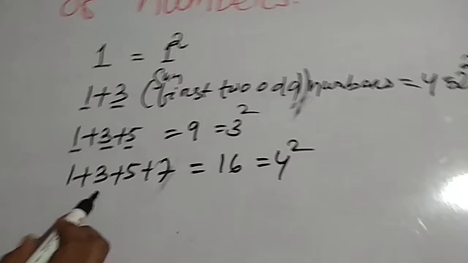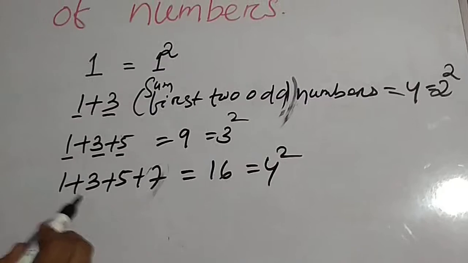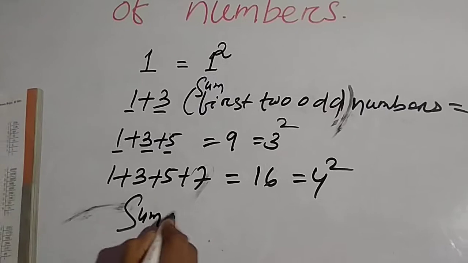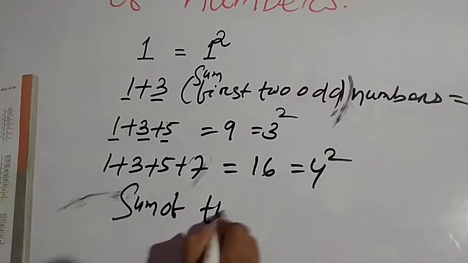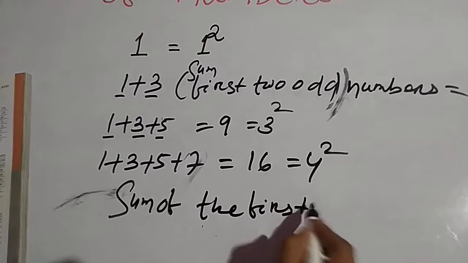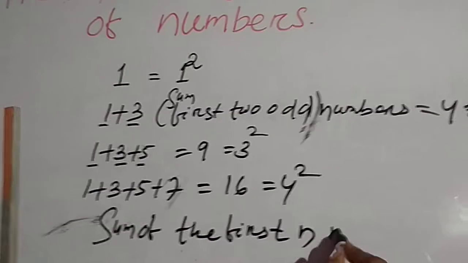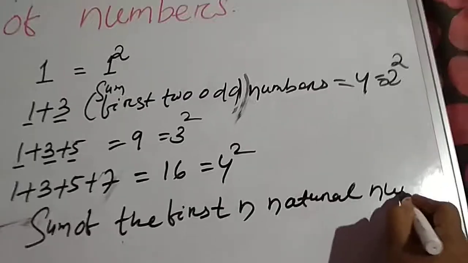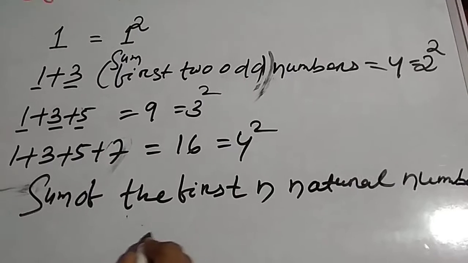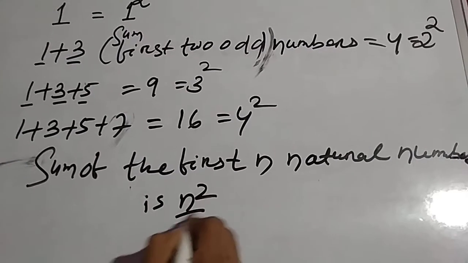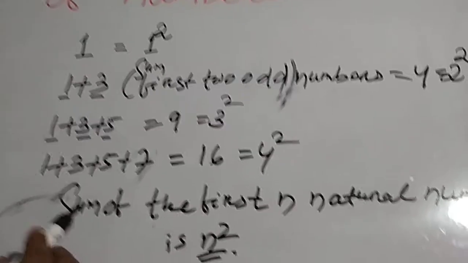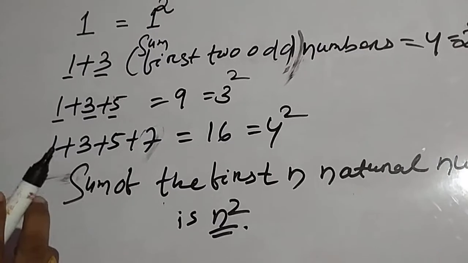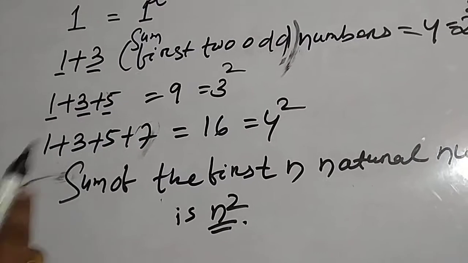Similarly, the sum of the first n odd natural numbers equals how much? It is n square. So now we find the square root by subtracting odd numbers from a number.